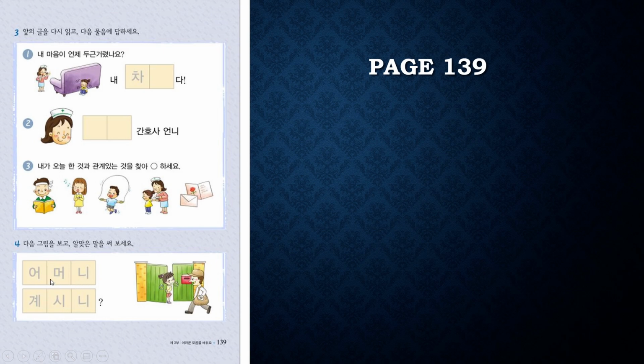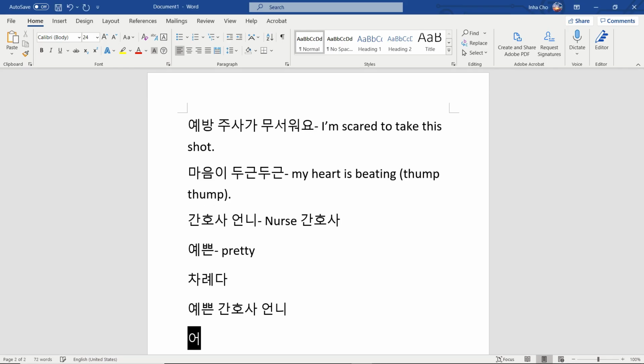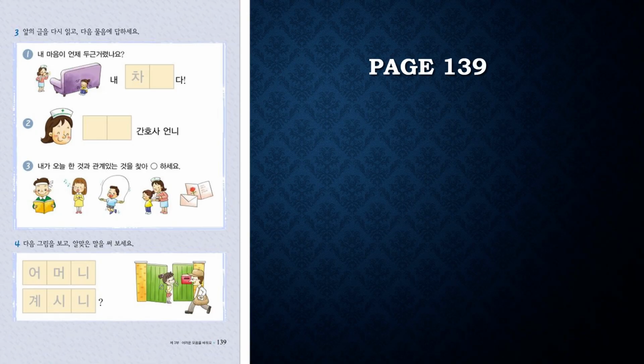어머니. Then we have 계. We have the 예 모음, and then 기억.